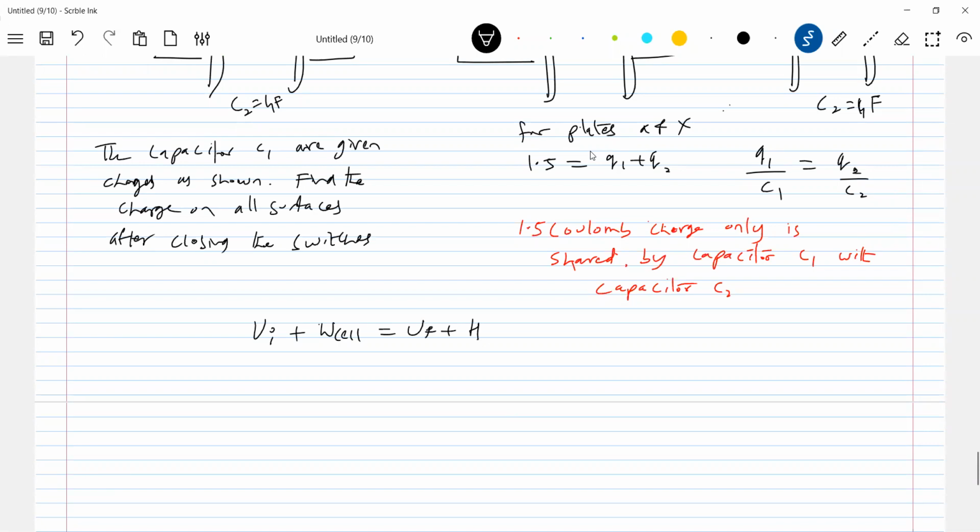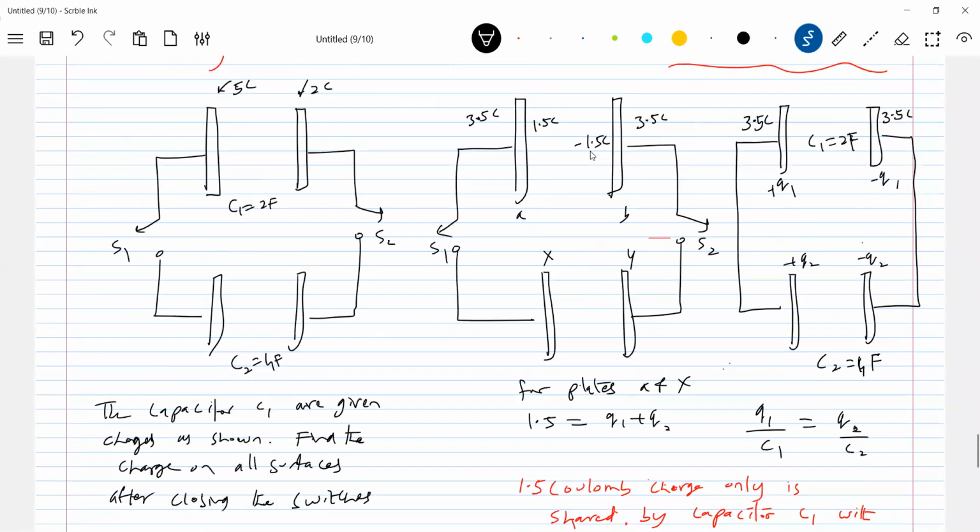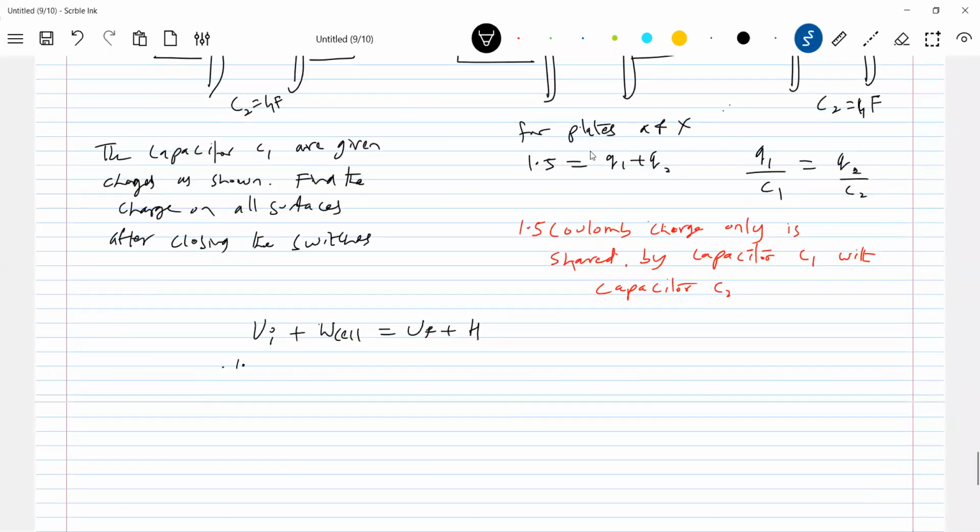What is UI? You should take only the charge, 1.5, plus 0 is equal to the final charge: Q1 square by 2C1, Q2 square by 2C2, plus heat generated.